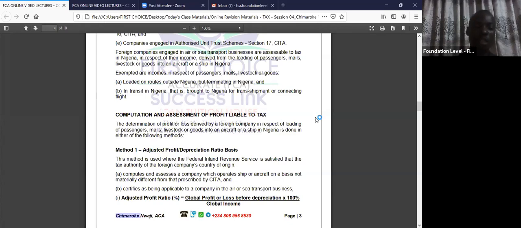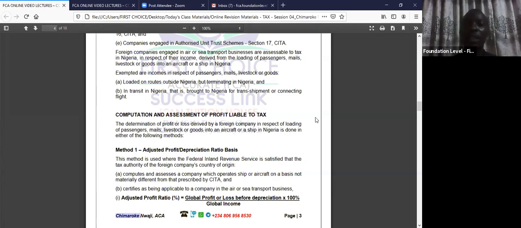It is the global profit divided by global income times 100. If on the global scale our global income is 100,000, and Nigeria has just 10,000, and the profit globally is 40,000, it means 40 over 100, which is 40%.